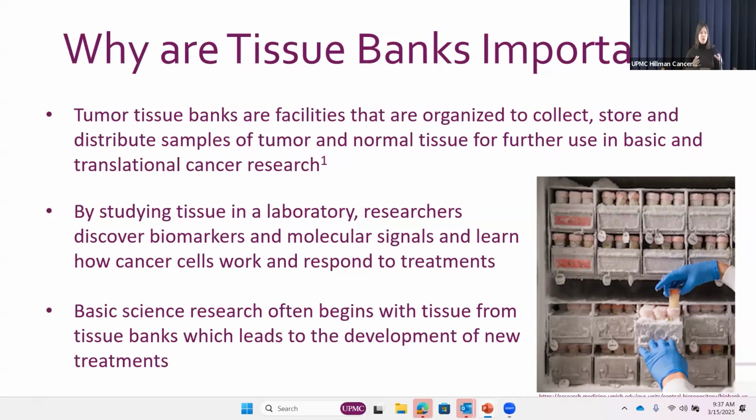So taking research from a lab, translating it to a clinical trial for a patient, and then to get treated. By studying these tissues in the lab, we can discover biomarkers and different molecular signals that we can then use to learn how cancer works and how we can get better treatments. And often basic science, so that preclinical testing that Dr. Najjar was talking about, really begins with tissue from these tissue banks.